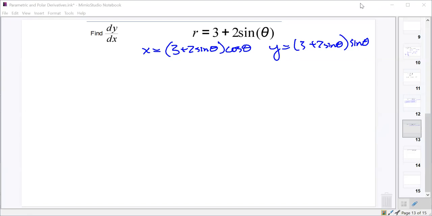Okay. And so dy dx should be dy d theta over dx d theta.